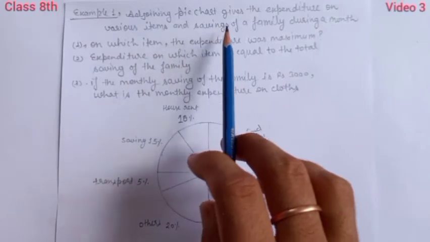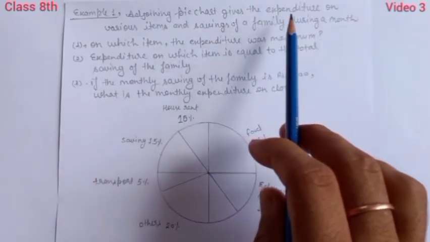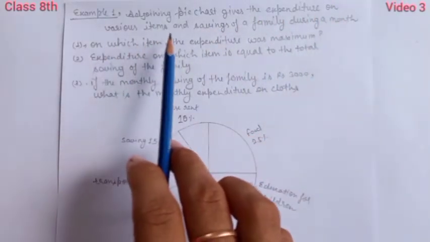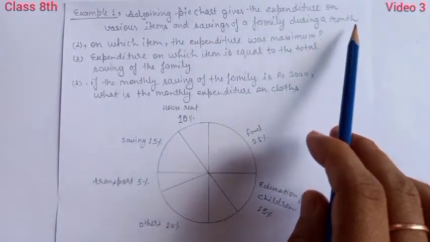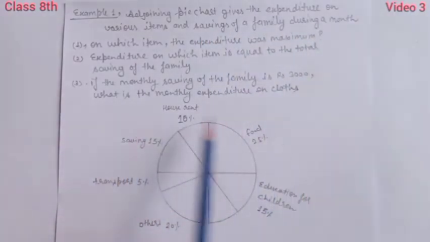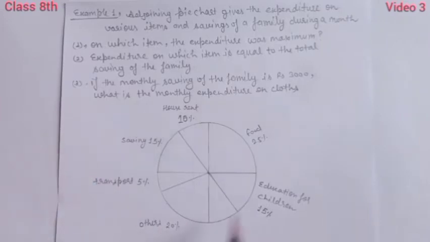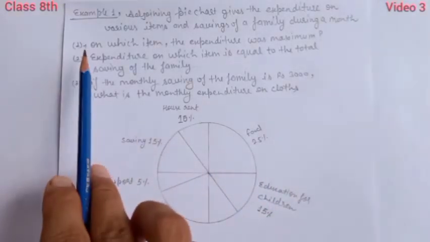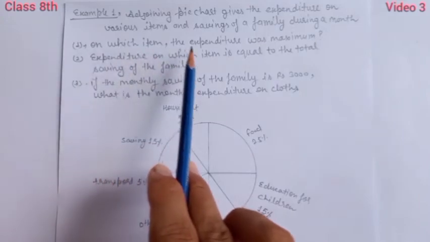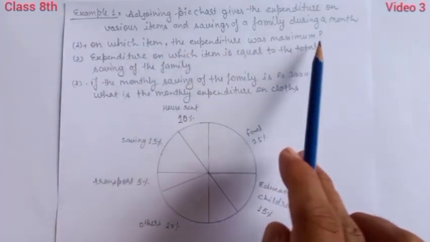With the help of an example, here is a pie chart showing the expenditure on various items and savings of a family during a month. So students, here is a pie chart representing the expenditure of a family for a month. By observing this pie chart we have to answer: Question 1, on which item the expenditure was maximum.